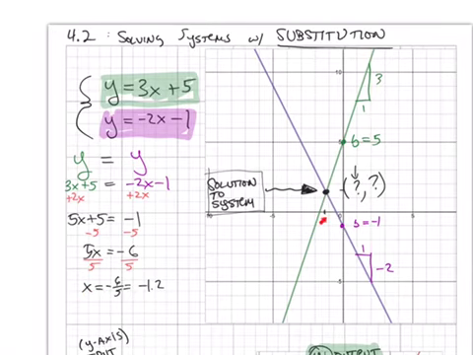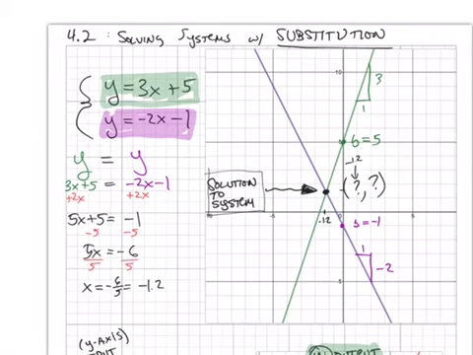I now know that x is negative 1.2, but I still don't know the y value. Well, if I know what the x value is, I can plug that x value into the green equation, or I can plug that x value into the purple equation. And in that way, I can figure out what comes out for the y value.